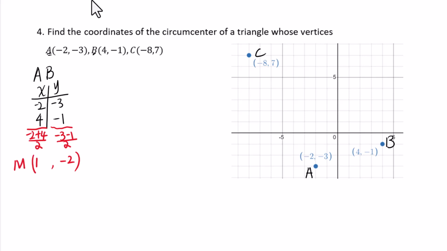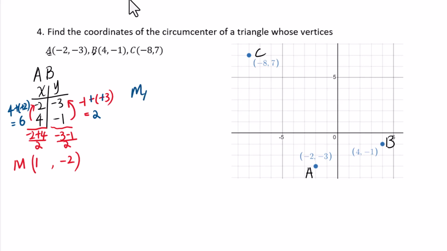Then we will figure out the slope of AB. -1 minus -3 equals a positive 2. 4 minus -2 is a positive 6.